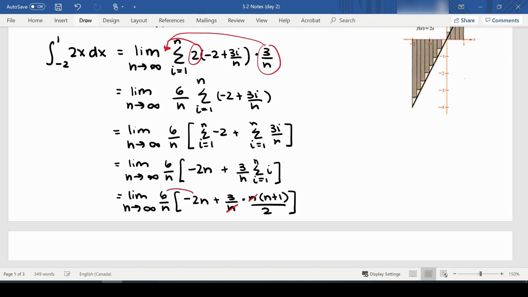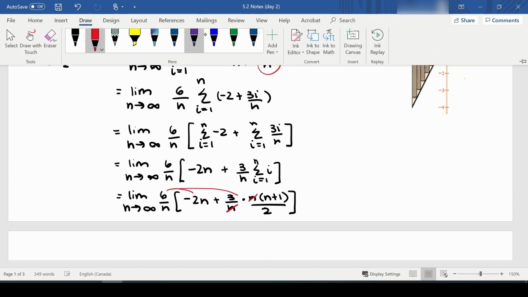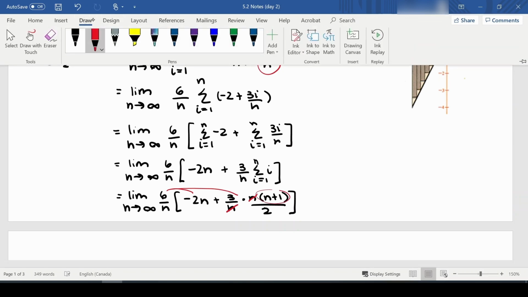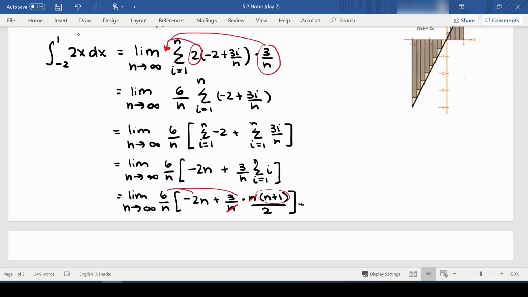We can expand this back in. We can expand the 3 into this n plus 1. There's a bunch we can do here. So let's go back up here. Have the limit as n approaches infinity. We're going to end up with negative 12 because our n's will cancel out here when those expand in.